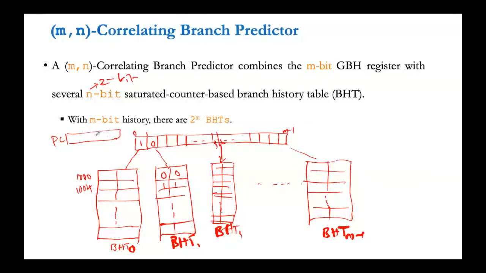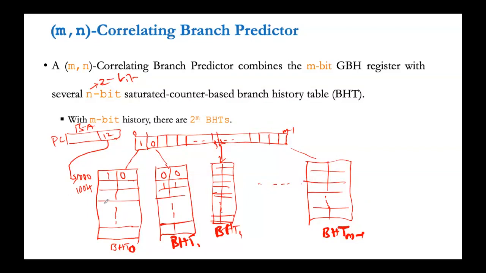From the branch address, the lower 12 bits are taken and used to identify the branch location in the branch history table, and that location gives the information whether the branch is taken or not taken. This is the same as the branch history table in the 2-bit saturating counter.